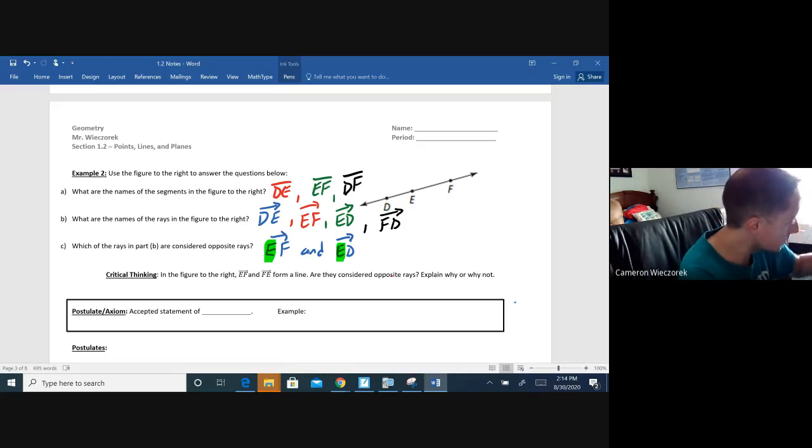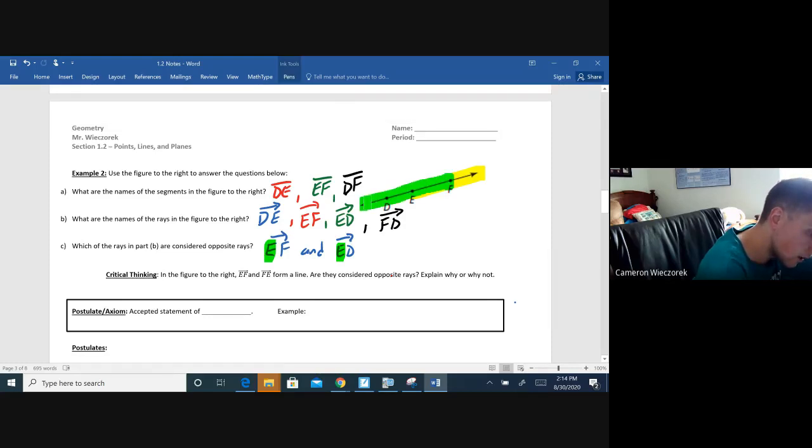Sorry about the technical delay. There we go. So EF starts at E, goes in the direction of F. FE starts at F, goes in the direction of E. Definitely makes a straight line, but they're not opposite rays.